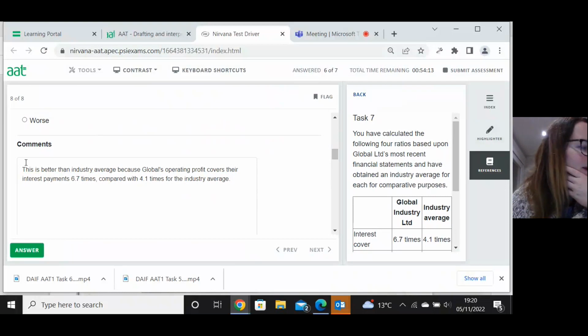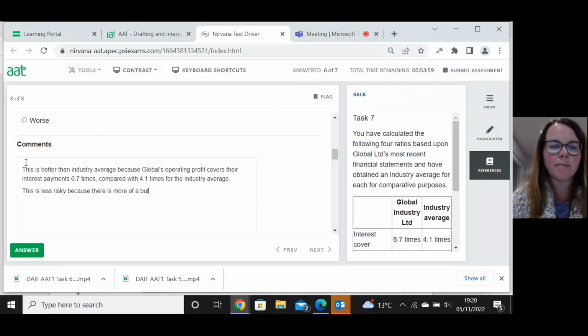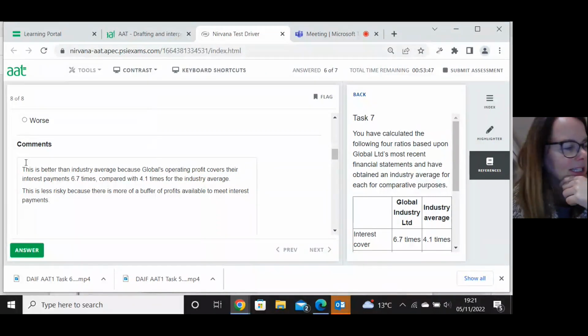So I'm trying to start by explaining what it means. We could then go on and say this is less risky because there is more of a buffer of profits available to meet interest payments. You see what I'm doing? Every sentence I'm starting anew.